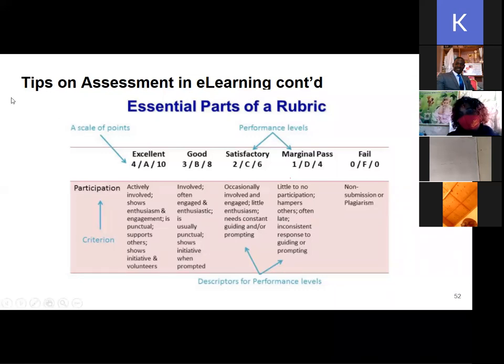In our rubric showing on your screen, our task is the essential parts of a tree or a plant. Maybe you've given these students an assignment to go and research parts of a tree or parts of a plant. So that becomes the task.